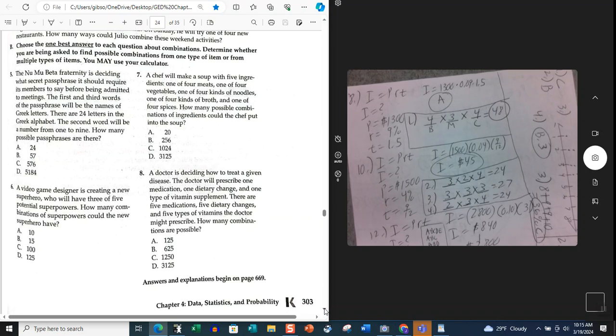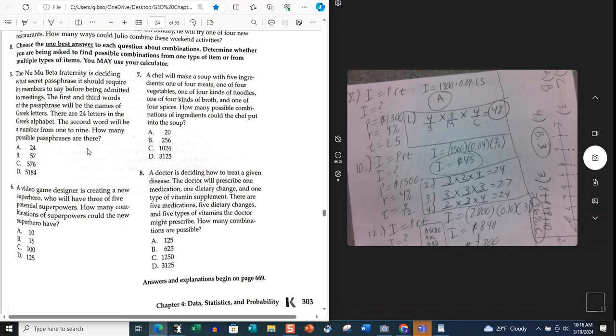The new mu beta fraternity is deciding what secret passphrase it should require its members to say before being admitted to meetings. The first and third words of the passphrase will be the names of Greek letters. There are 24 letters in the Greek alphabet. The second word will be a number from 1 to 9. How many possible passphrases are there?